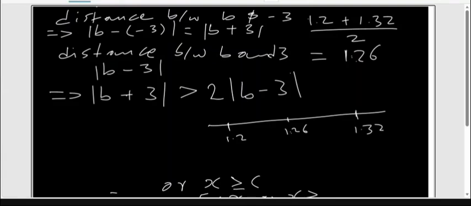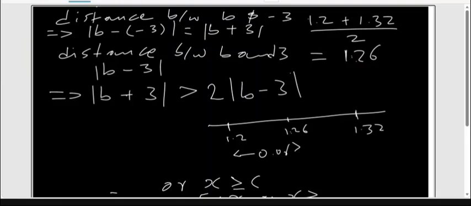So between 1.2 and 1.26, the distance from here to here is 0.06.